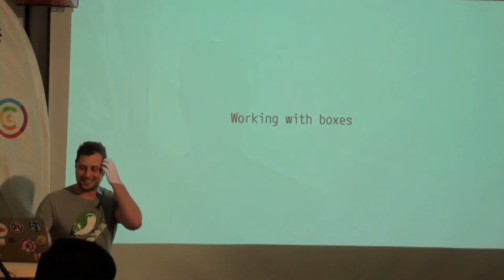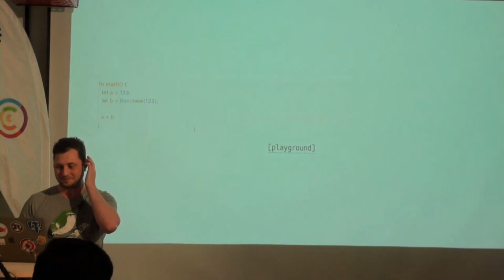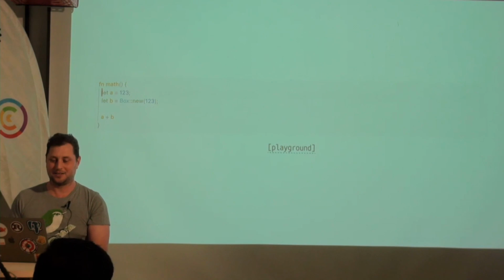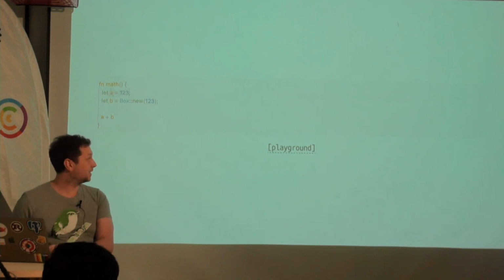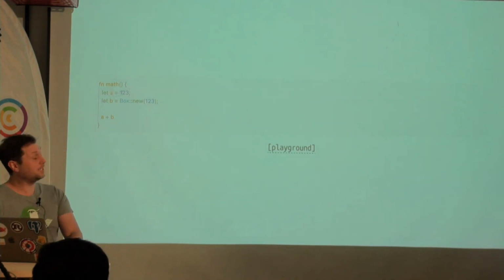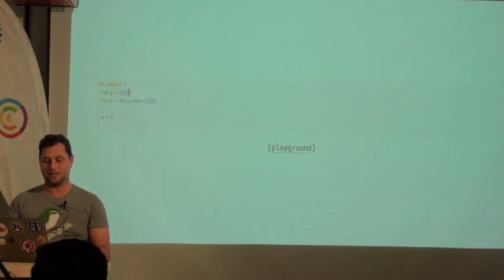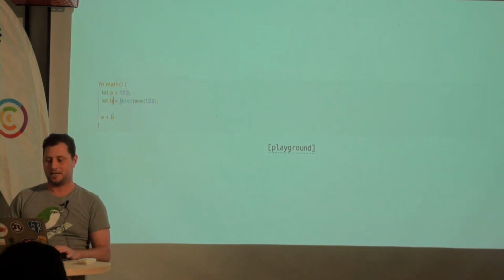So now we get to touch a little bit of code. I wanted to show the difference: I've got A here, which is our normal 1, 2, 3, and B is in a box.